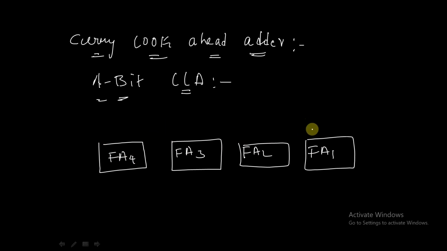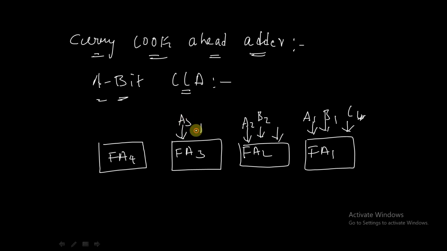For full adder 1, my inputs are A1, B1 and C1. For full adder 2, my inputs are A2, B2, and here the carry we will see how we are getting.